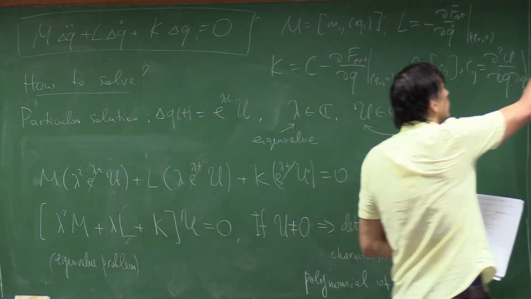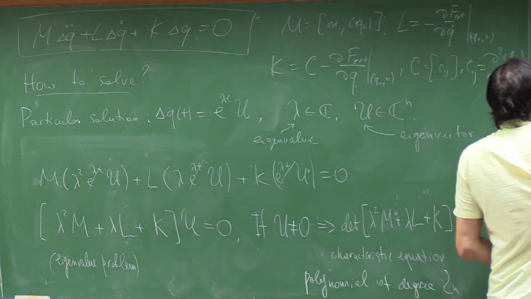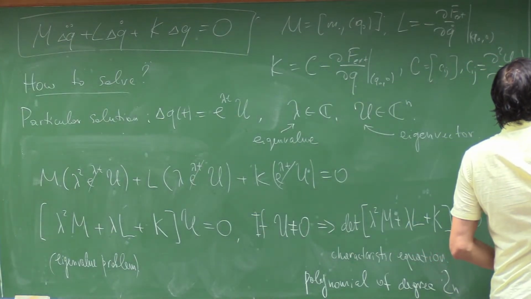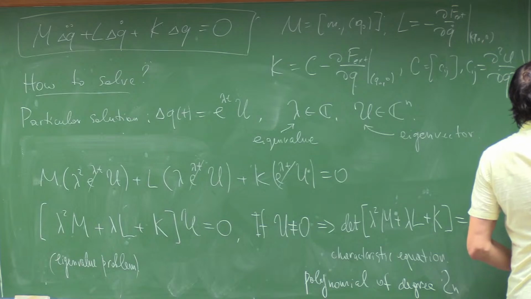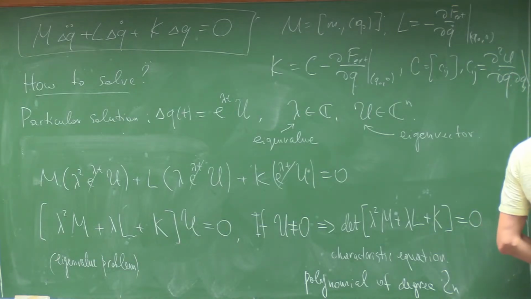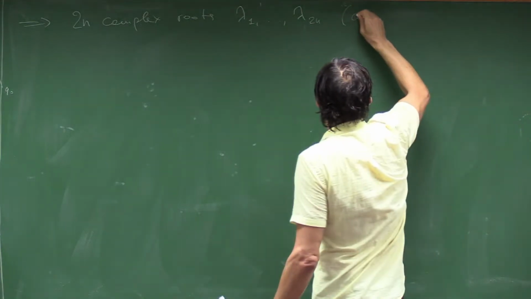So it means that we have 2n complex roots, counting multiplicity.